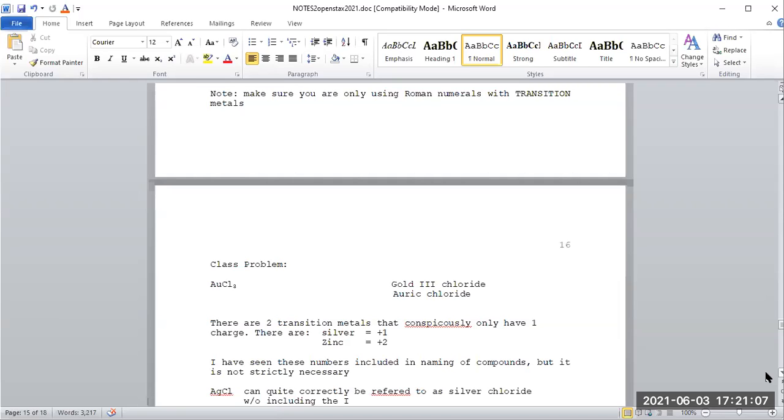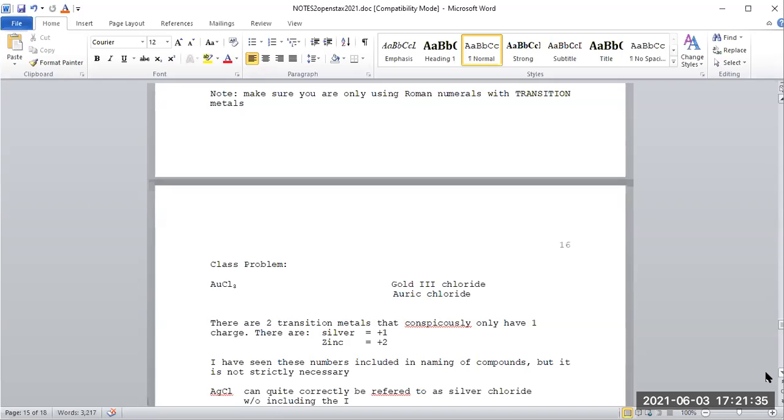So kind of science puns to a degree, because if I look at this molecule, which has an atom of gold in it, and then it has 3 Cl minuses, I've got a gold 3 chloride molecule.